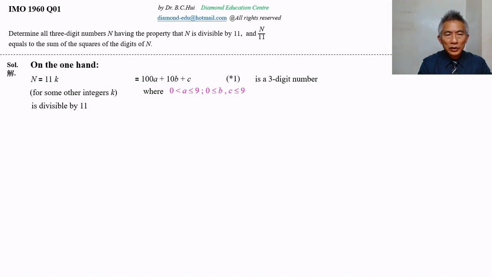We call this equation number 1. This could be further written as 99a plus 11b plus a minus b plus c. That means a minus b plus c is also divisible by 11.